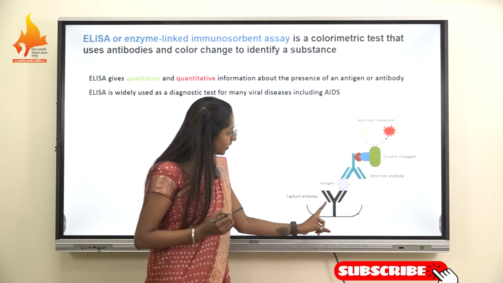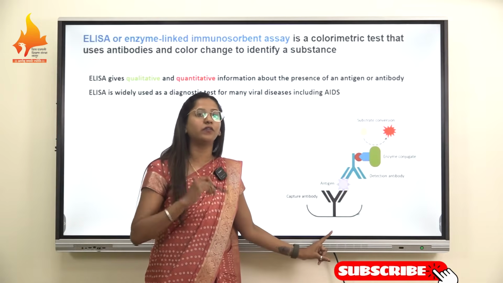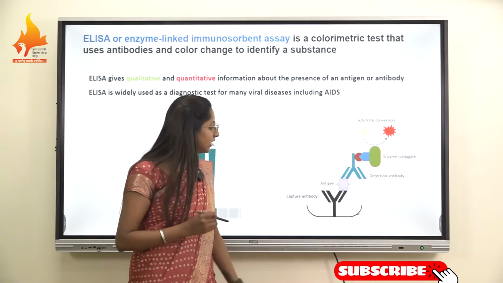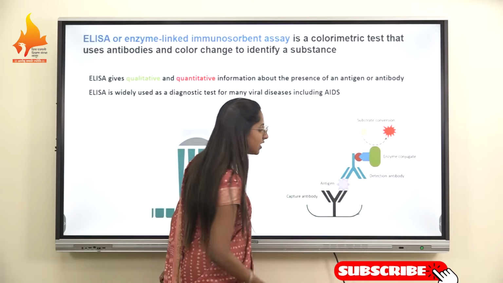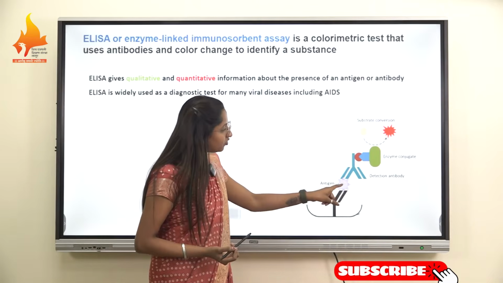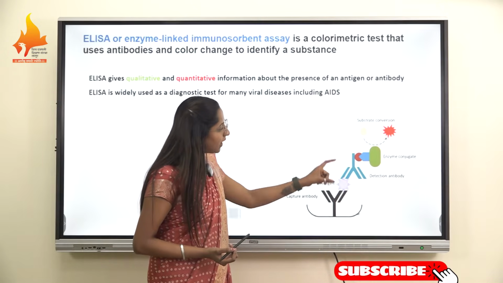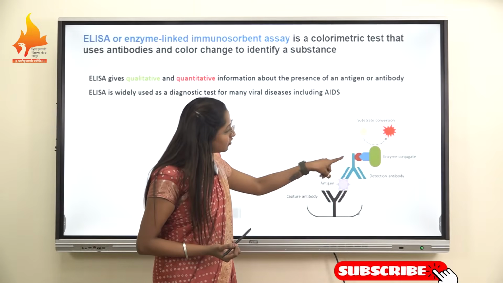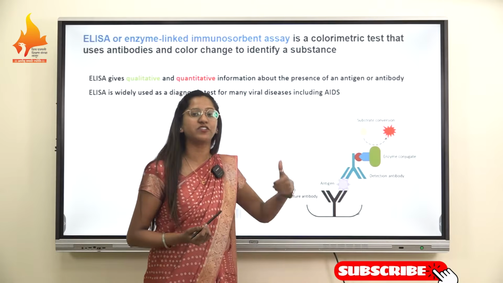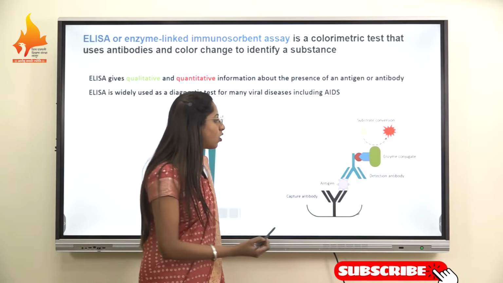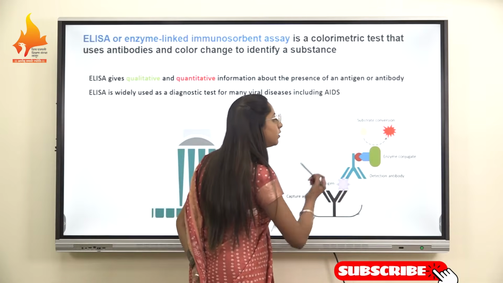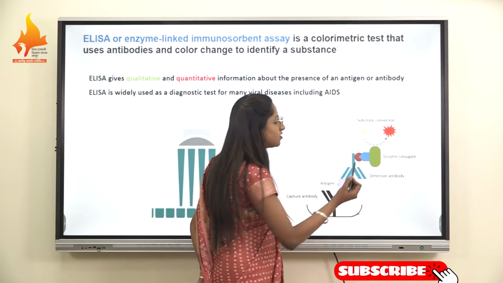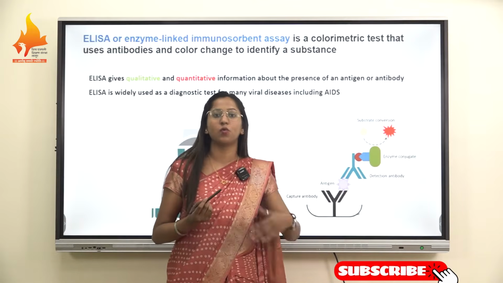Further, if there is the presence of antibody, then what do we need to add? We need to add antigen. Here you can see antigen is added. Now after addition of antigen, what are you adding? You are adding secondary antibody. This particular antibody which is linked with the enzyme, which is enzyme conjugated, is called the secondary antibody. Secondary antibody is added. Now since there is a presence of a particular enzyme here, what is the next step?